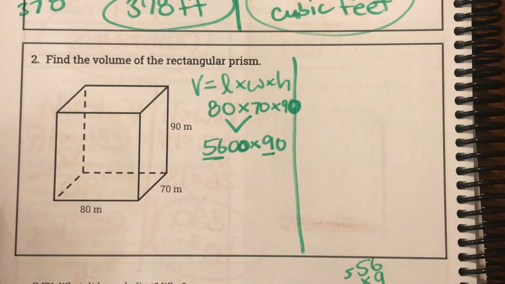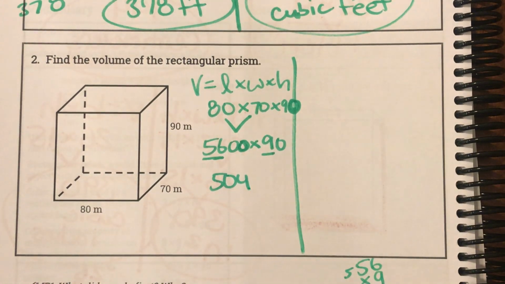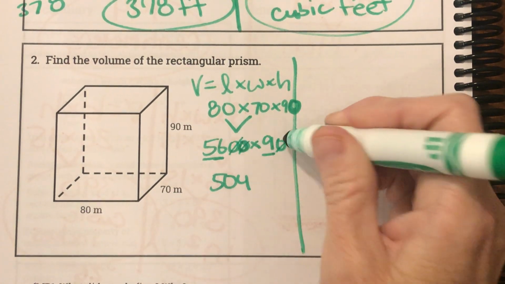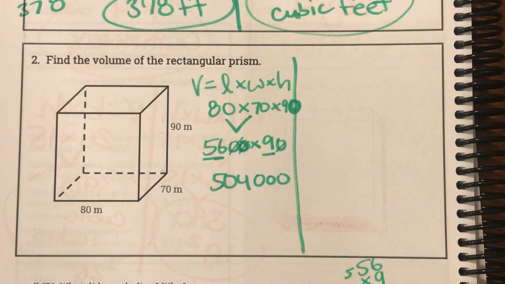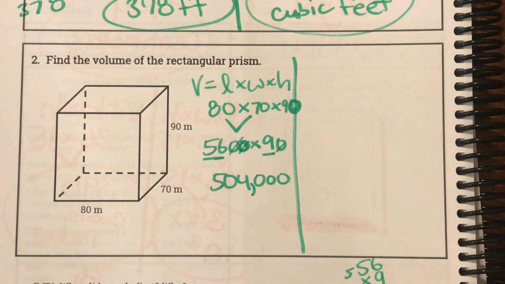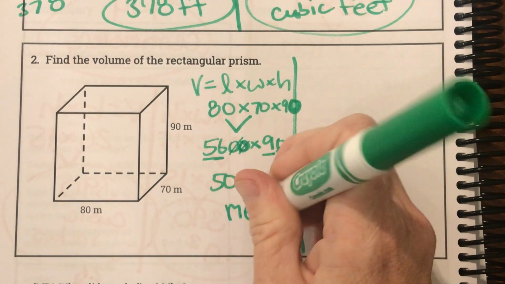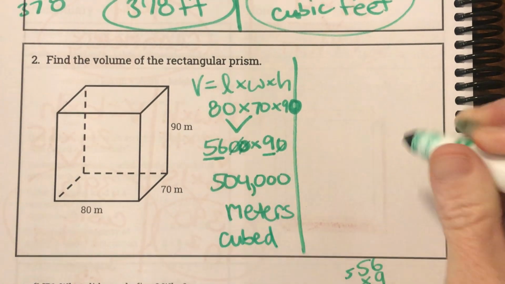Okay, so we know it's 504, but that was 56 times 9. I have 3 zeros to add. 1, 2, 3. Oh my gosh, that's a huge number. That is 504,000. Okay, and our measurement is M, which stands for meters. So we could maybe say meters cubed.